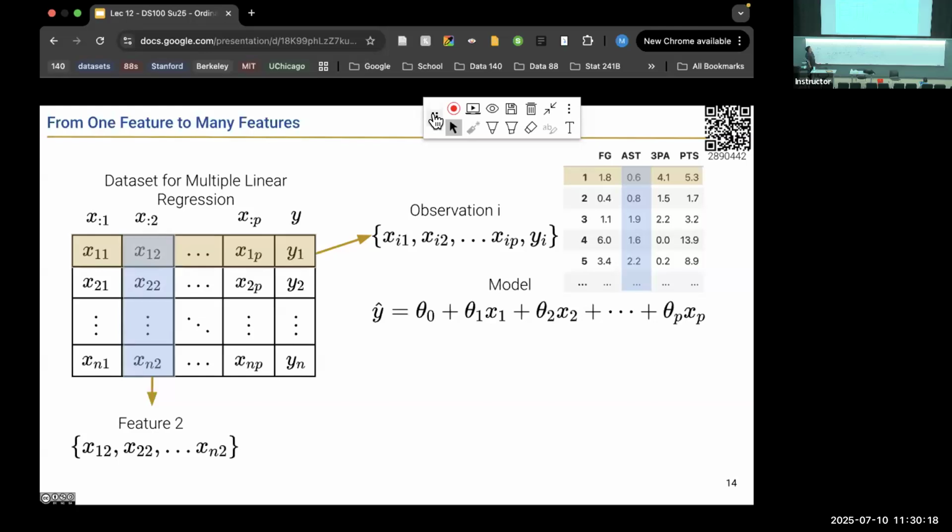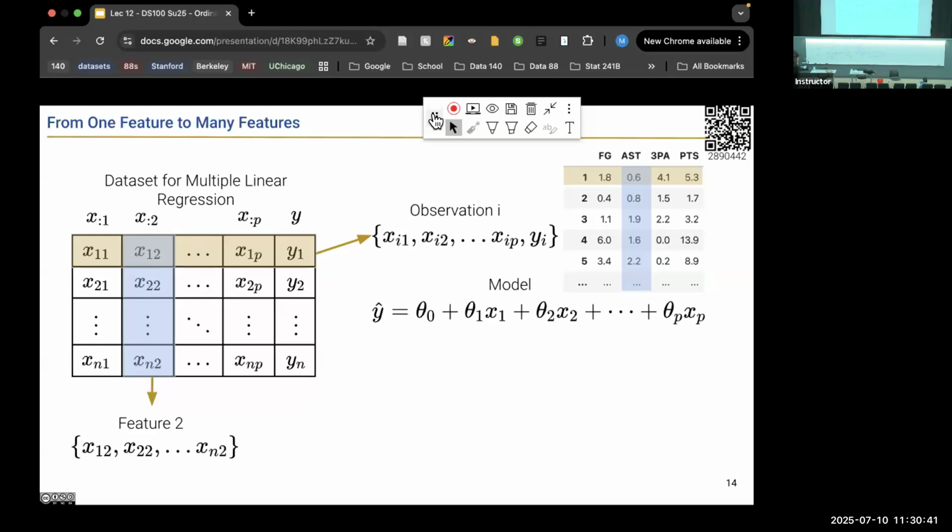So if I want the ith column, I will get x1i, x2i, x3i, because the second index represents what column I'm looking at. And the columns represent the features. So the rows represent the observations, the columns represent the features. Okay, that's how you read a matrix that looks like this.